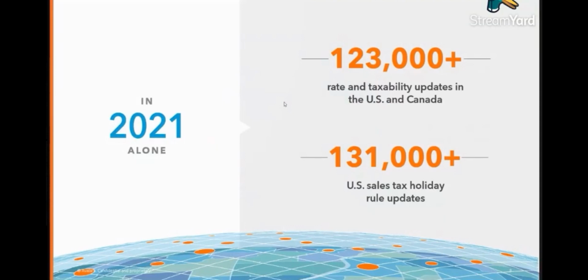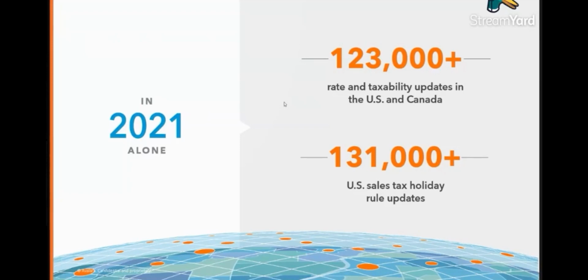Not only is having the right location important, but there's also a lot of information you have to keep updated within the system. So I see here in 2021, for example, there were over 123 tax rate and taxability updates across the US, as well as sales tax holidays.